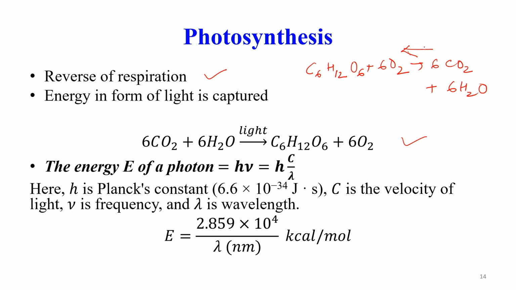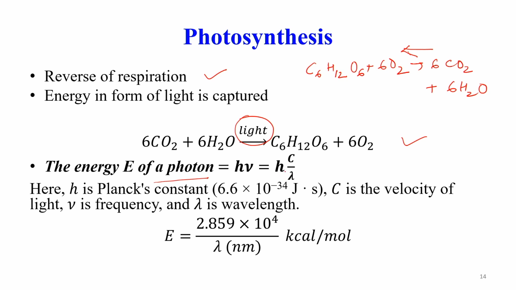This reaction was generating energy, but if I reverse it, then it will require energy, and the source of energy is light. So, here it requires energy in the form of light.